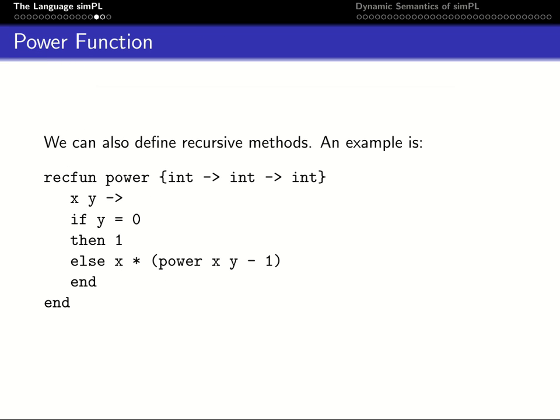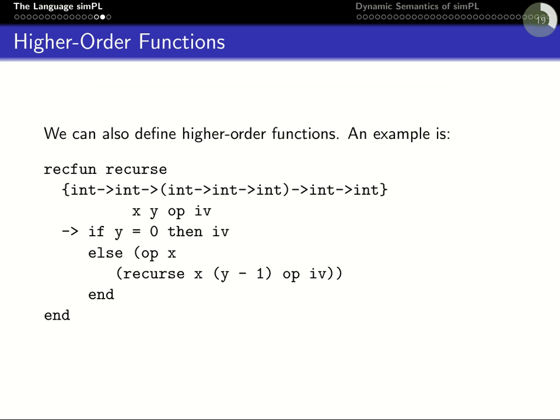So this is a recursive method. Everybody, I'm hoping, understands. Let's define one that has a higher order function, right? So you see here we have 4 arguments. The third one, the one in here, is another function. So this is a function similar to fold, which we're going to see, or maybe you know it already.